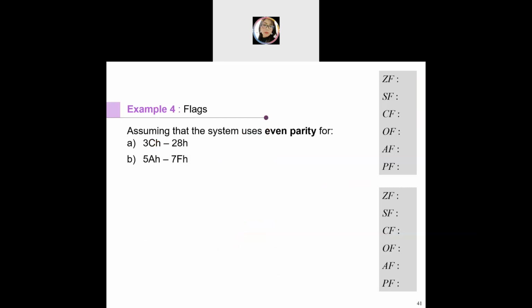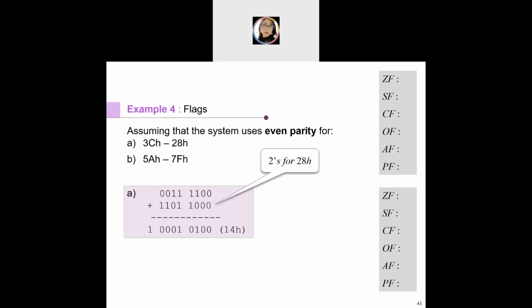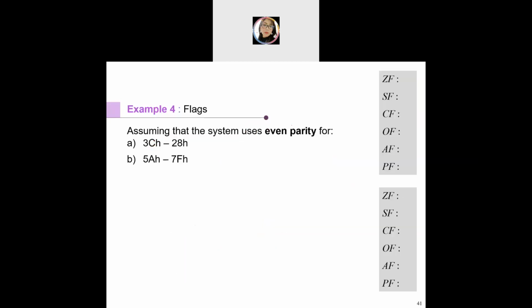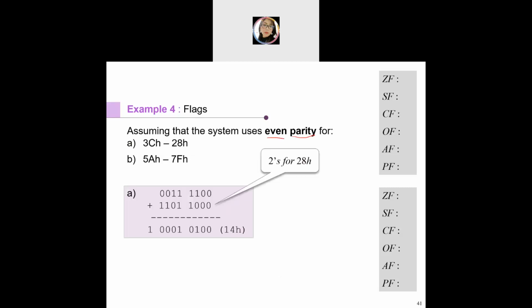You have also several other examples. Now under example 4, you have 3C hexadecimal minus 28 hexadecimal. You need to use even parity for this question.